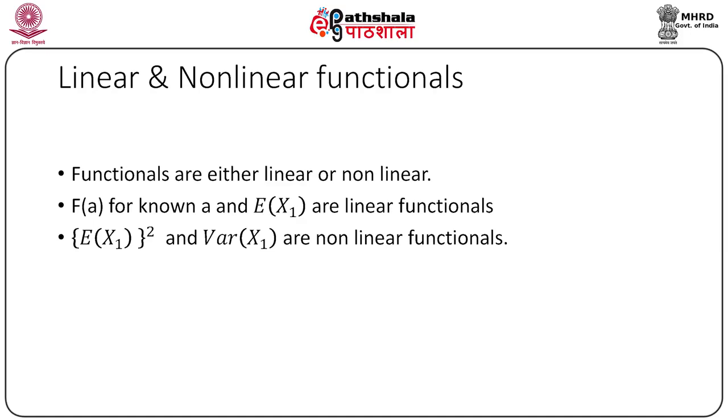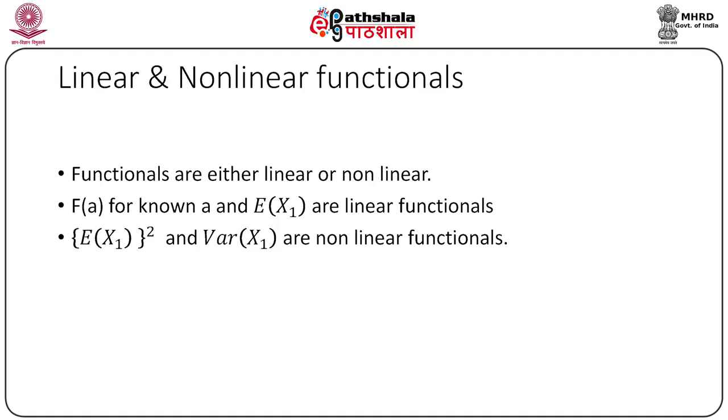So, if we calculate functionals theta f1 and theta f2 corresponding to two distribution functions f1 and f2, and consider a linear convex combination alpha f1 plus 1 minus alpha f2, where alpha is a quantity lying between 0 and 1. Then naturally this new combination is also a distribution function.